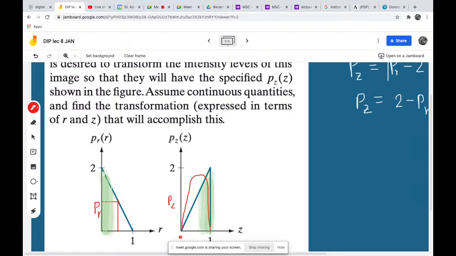All I'm trying to tell you is, now what would this image look like? This image has very few pixels on the very dark side and very few pixels on the bright side, but the majority of the pixels are in the middle. Here, most of the pixels are on the darker side. In this one, which the book's problem has drawn originally, all the pixels are on the brighter side.